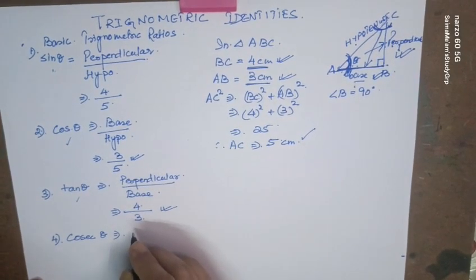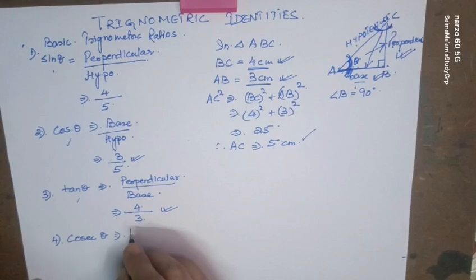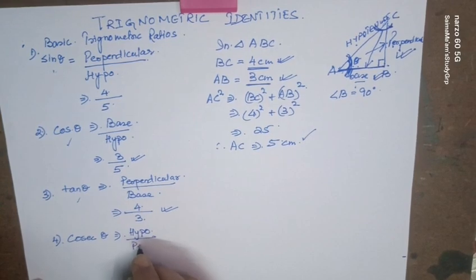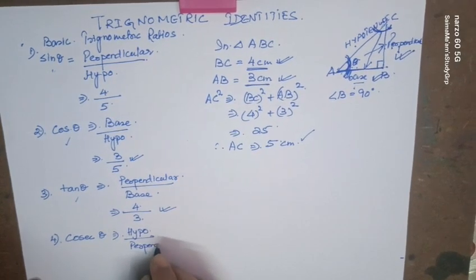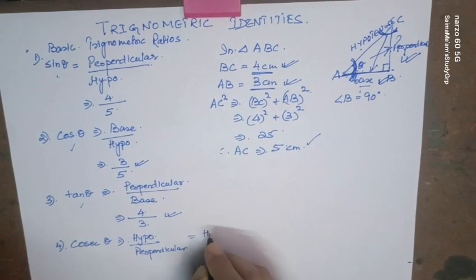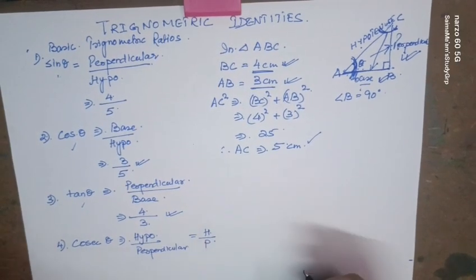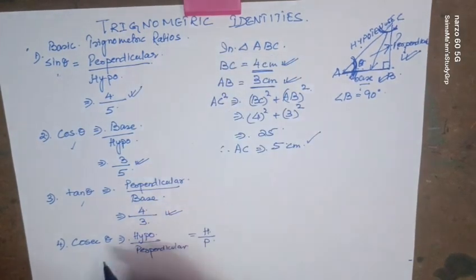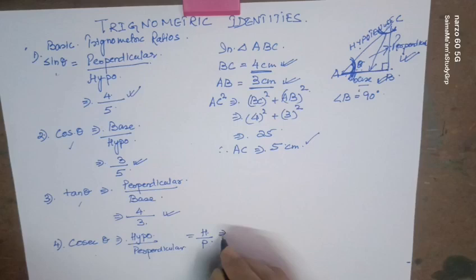Cosec theta is the inverse of sine theta, so it should be hypotenuse by perpendicular, simply h by p. So if the value of sine theta is 4 by 5, then cosec theta will become 5 by 4.